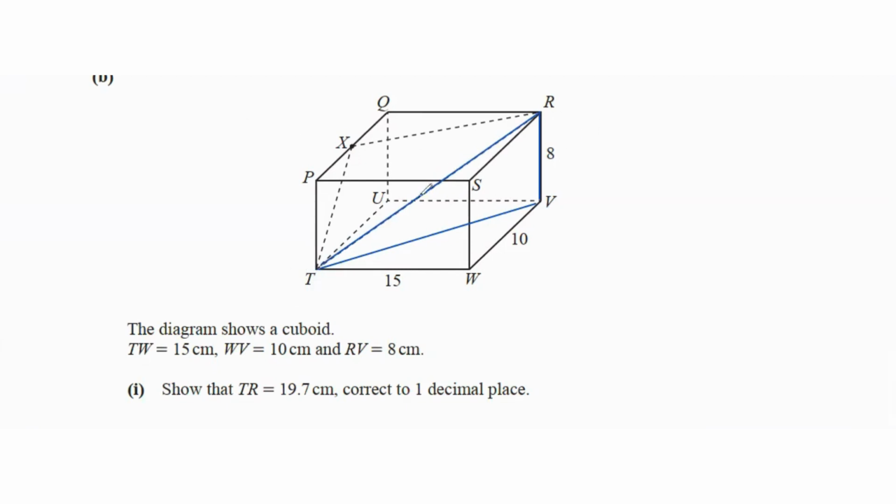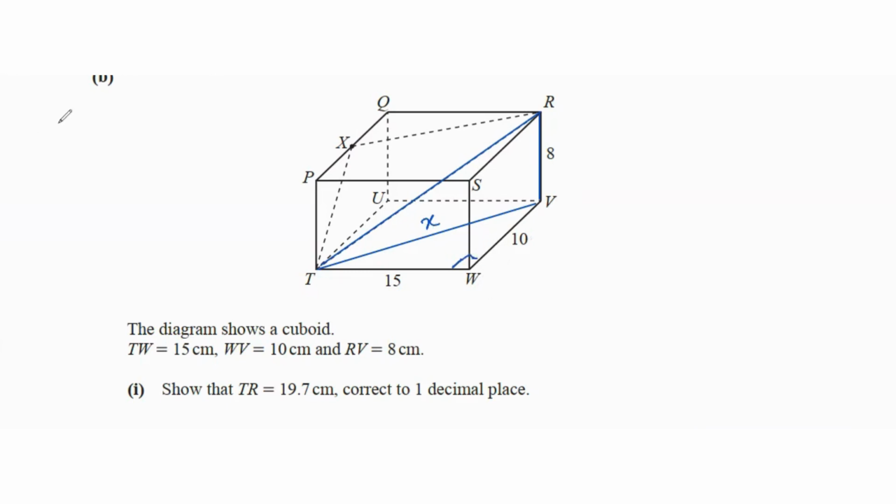What we need to find is TR and show that that equals 19.7. And we can easily do that if we first find VT, and then using Pythagoras, we can also find RT and show that it's 19.7. So first, I'm going to label VT as X, because that's what we're going to find using the Pythagoras theorem, because this is also a 90 degree.